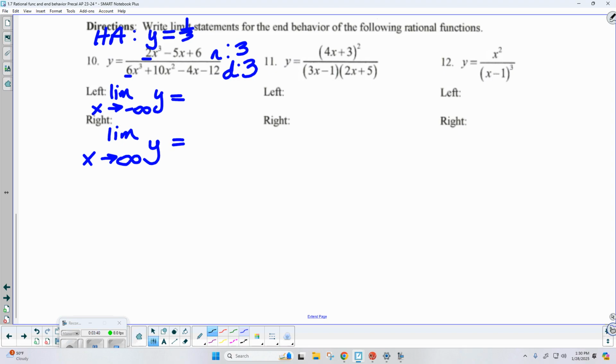Well, because there's a horizontal asymptote, as we push out in both directions, it doesn't matter whether it's curving from above or below, the graph is going to get closer and closer to this horizontal asymptote, which has a value of 1/3. So that's the end behavior if there's a horizontal asymptote. Whereas we're going to see again later, if there's a slant asymptote, then it's either going to go to positive or negative infinity. Okay, questions about 10?